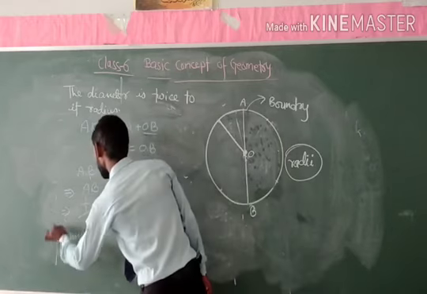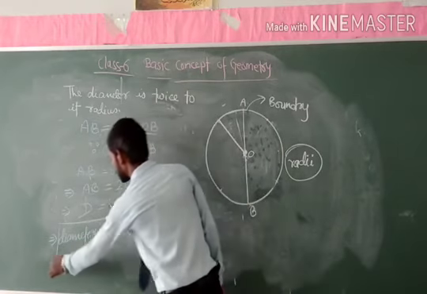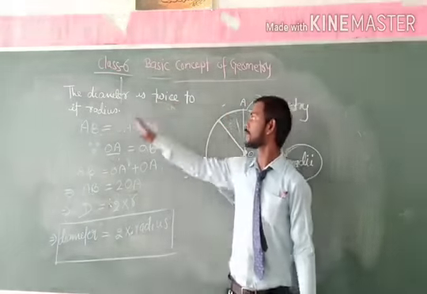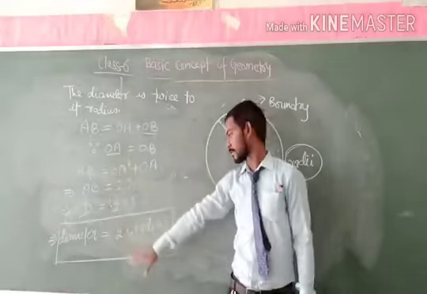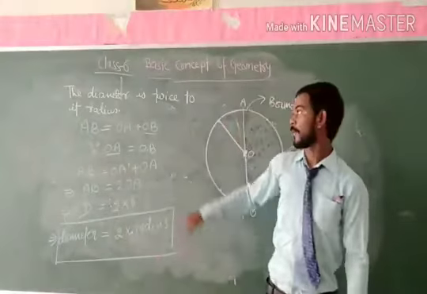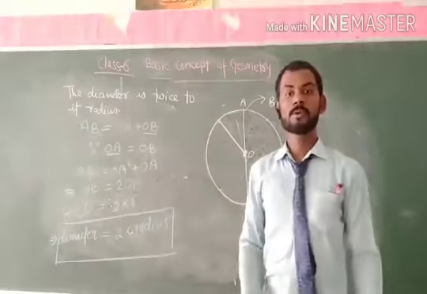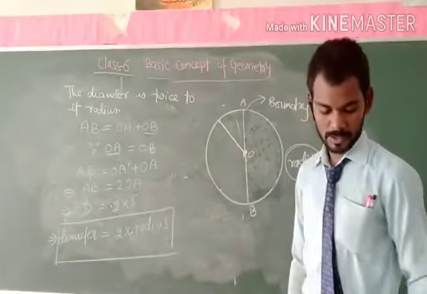That is the proof of the fact that diameter is twice the radius. So the fact is proved here: diameter is always twice its radius.